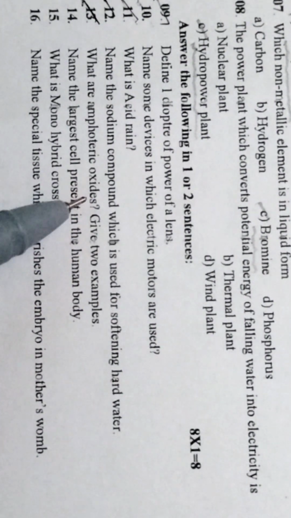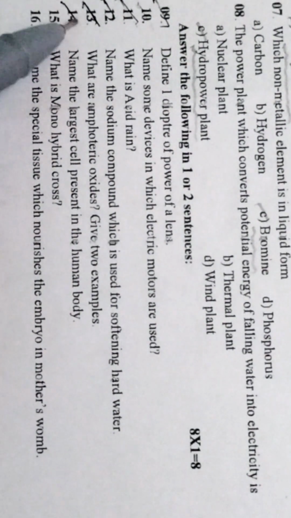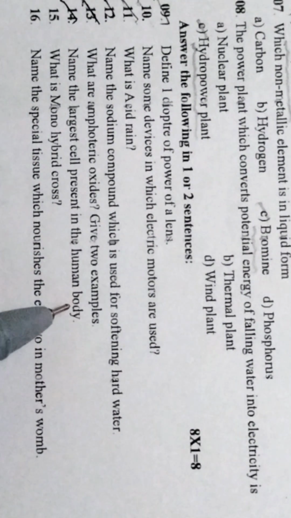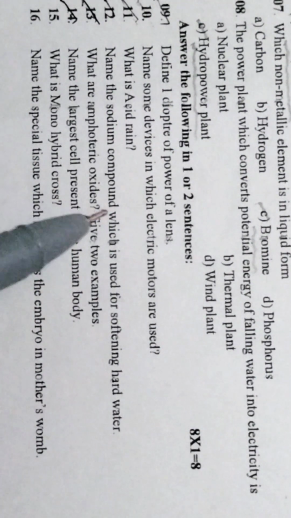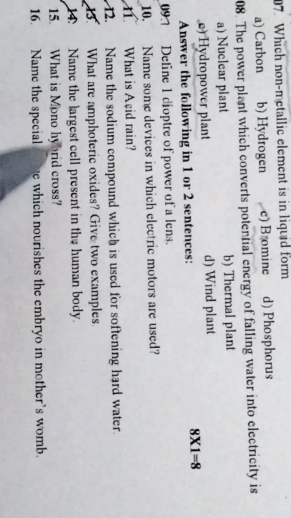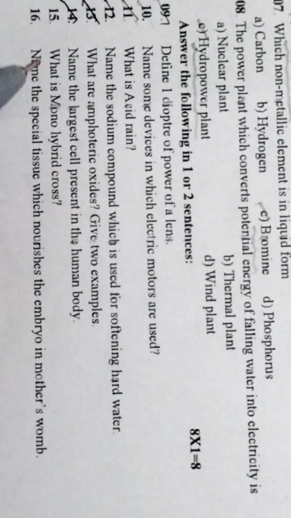Example, aluminum oxide, zinc oxide. Next, name the largest cell present in the human body. In the female, the egg cell is the largest cell present in the human body.